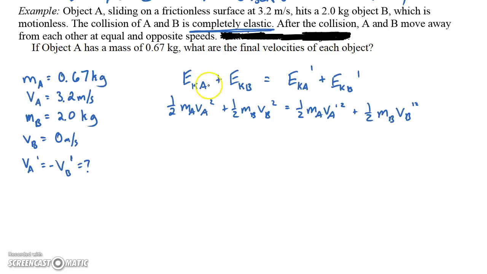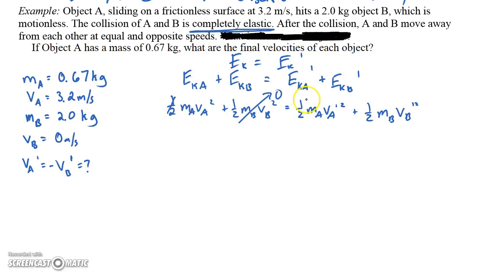So EKA, our total initial kinetic energy, is equal to our total final, because it's an elastic collision. Only with elastic collisions can we do this. So now we've got to simplify our equation. The initial, mass B was at rest, so this goes to 0.